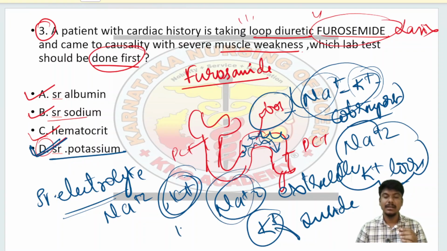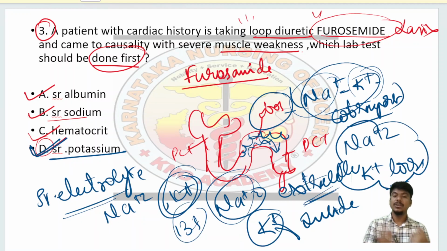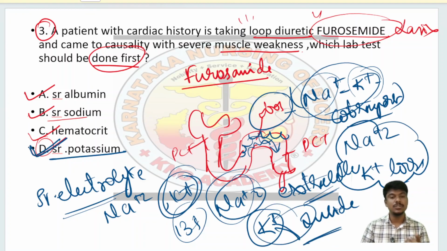Even though sodium is large in quantity extracellularly, there is less chance of sodium depletion and more chance of potassium depletion. So you should always focus on the serum potassium level when the patient is on Lasix or furosemide. Okay, we'll move towards some theory concepts relating to fluids and electrolytes.